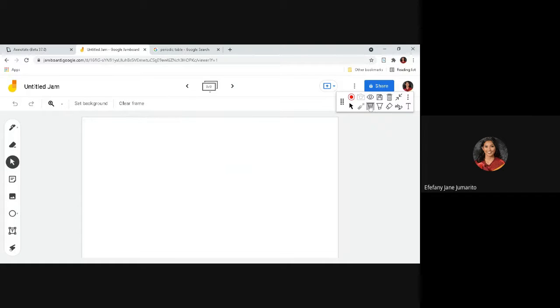Okay, how would you name this one? Okay. This one, class, how would you name this one?